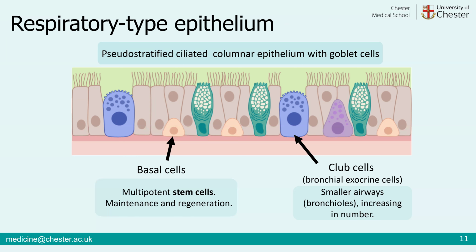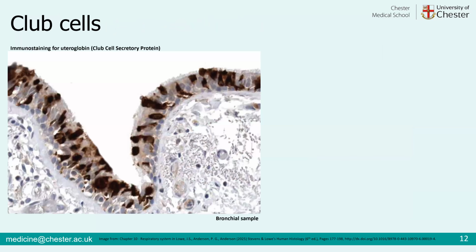As I said, we couldn't necessarily distinguish those club cells on the previous H&E because it's just too standard a stain to differentiate different cell types, but we can use different special staining. It's known as immunostaining or immunohistochemistry staining, where we can look for specific markers that are only expressed, or specific substances that are only produced, by those cells to highlight them.